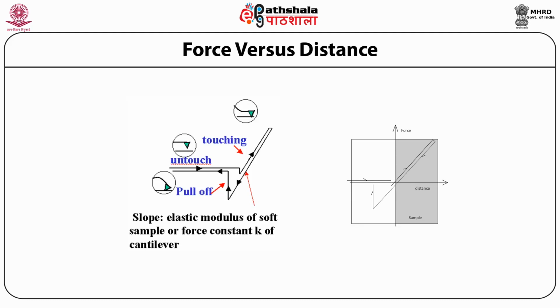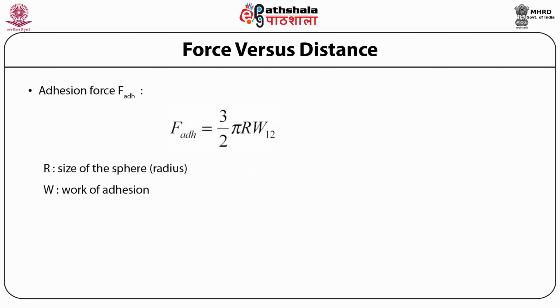The slope is the elastic modulus of a soft sample or the force constant of the cantilever. We'll give a mathematical relation which indicates the two important parameters, that is force versus distance.